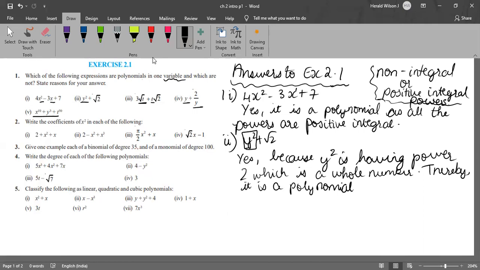Fine. So now the third question is what? 3 root t plus t root 2. Now look at this. We need to look only at the variables. Now t is having a proper power, right? But root t, always remember any number or any variable which is having a root.